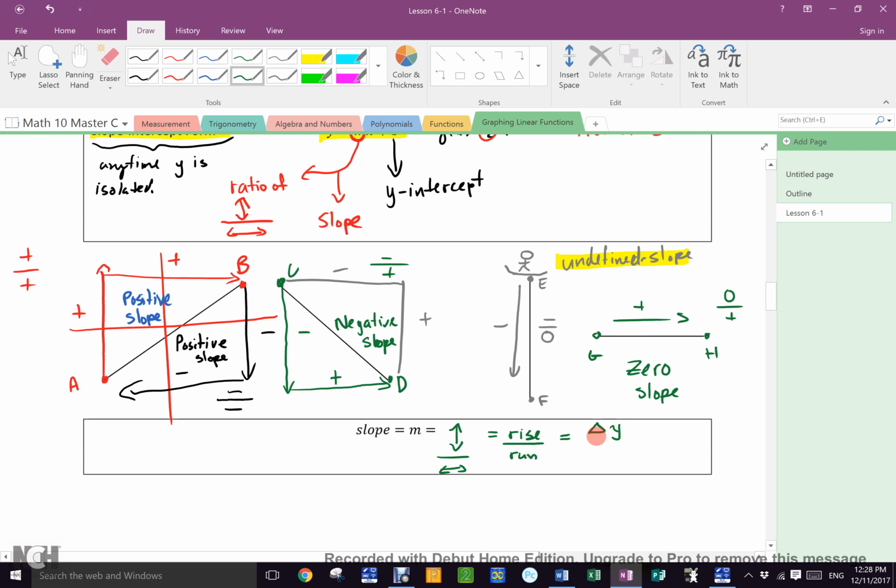It's also known as, and this is a very physicsy one, delta y over delta x. Delta is a Greek letter that means change. So if y changes, x changes. Understand? You should know that from science, but I don't teach you science, so I don't know if you do. I just learned this last week.